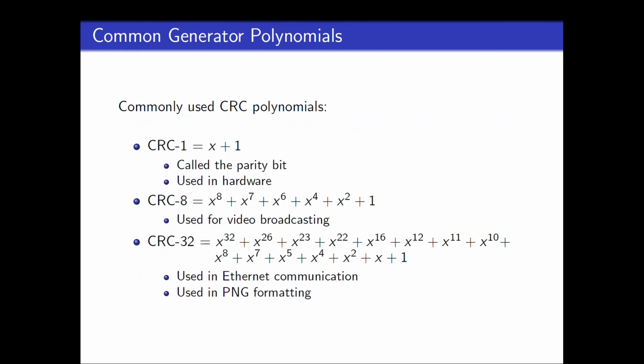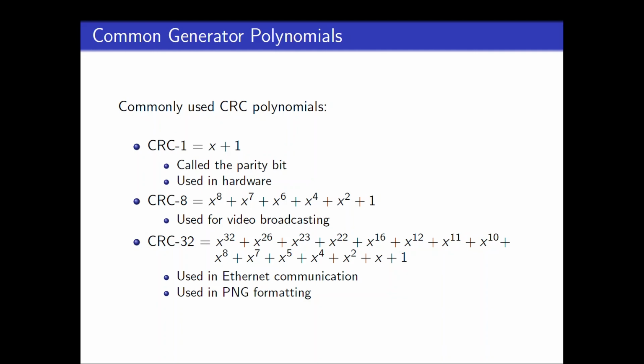Specifically, some of these have more creative names. We've seen CRC1 already, which is just x plus 1. It's also called the parity bit. If there's an odd number of 1s in our message, then our remainder is simply going to be 1. If there's an even number of 1s in our message, then our remainder is going to be 0.